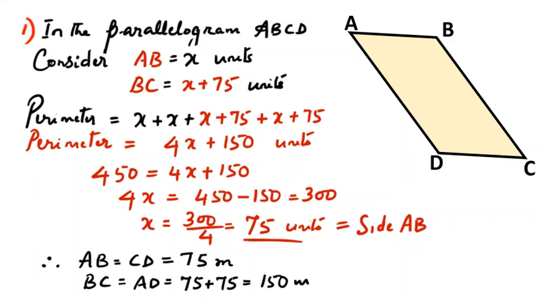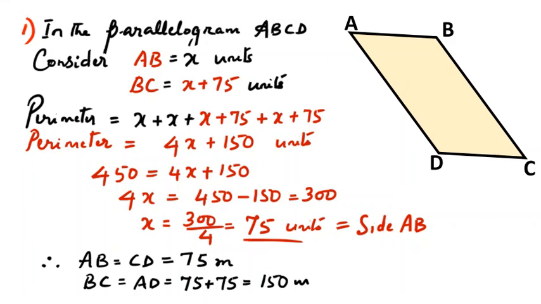But perimeter is given already as 450. So I am using that. 450 is equal to 4x plus 150. What is this called? It's called an algebraic equation with one variable. Now, I have to solve for x. 4x will be 450 minus 150.